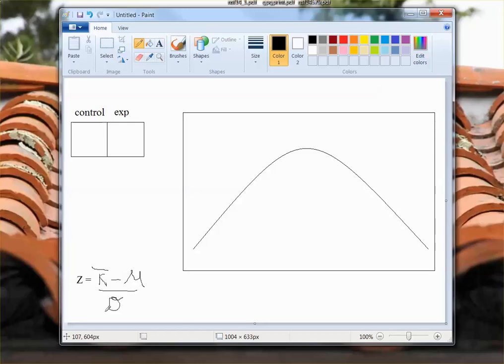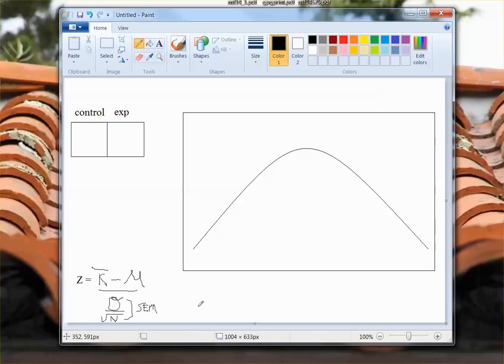But actually, when you're dealing with a sampling distribution, you have to adjust this by how much you've sampled, or the square root of n, in this quantity here. It's called the standard error of the mean. So the measure of variability here is the standard error of the mean, which is the standard deviation divided by the square root of n.